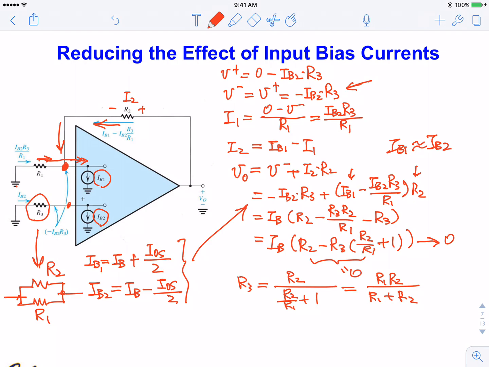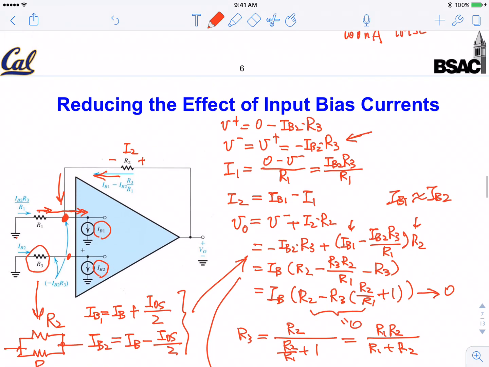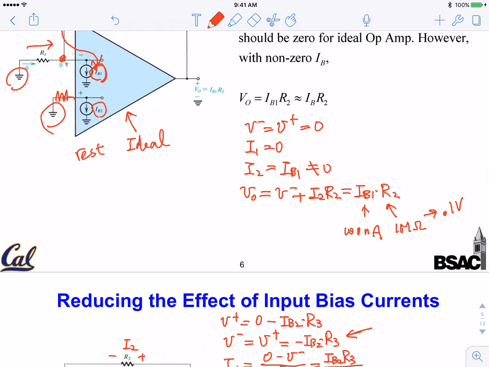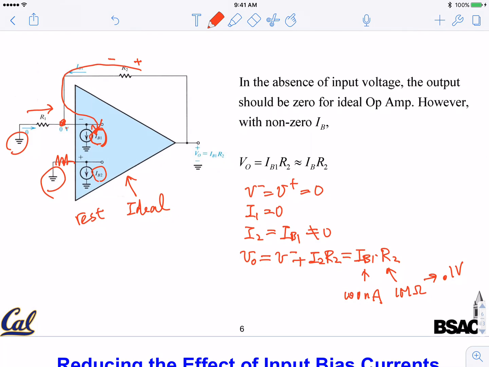I'll skip that part of the math. If you substitute in there, you will now get your offset voltage, VO, equal to I offset times R2, okay? So there's still a finite offset value. But if you recall, in the earlier example, if we don't do anything, this is equal to IB times R2.